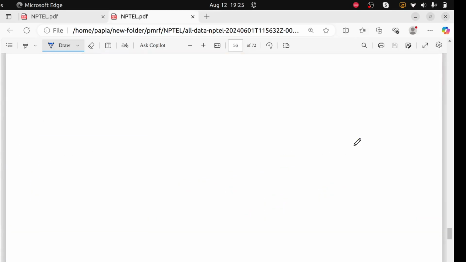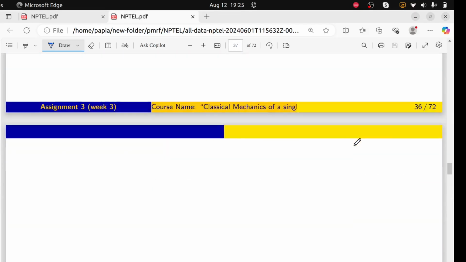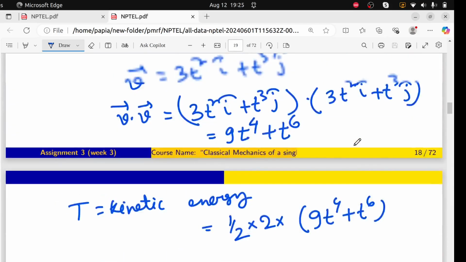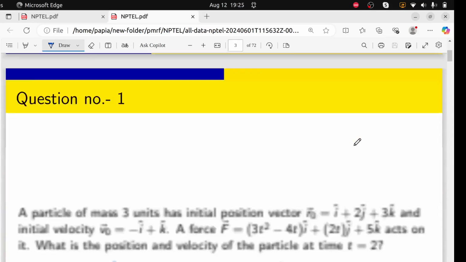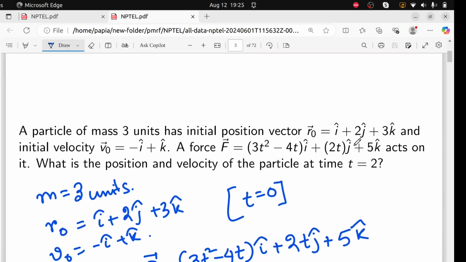I'm taking all the questions from the first to last. Now, this is the first question. The particle of mass 3 units has initial position vector this and initial velocity this. Of course, assuming the particle is this. What is the position and velocity of the particle at time t equals 3 seconds?